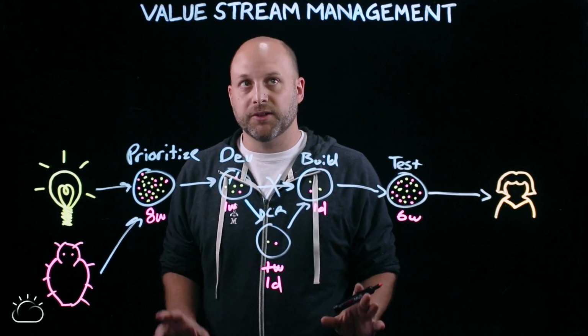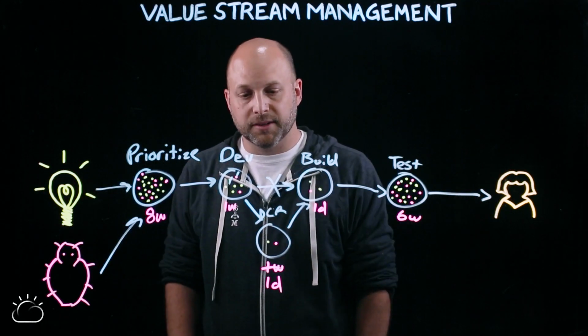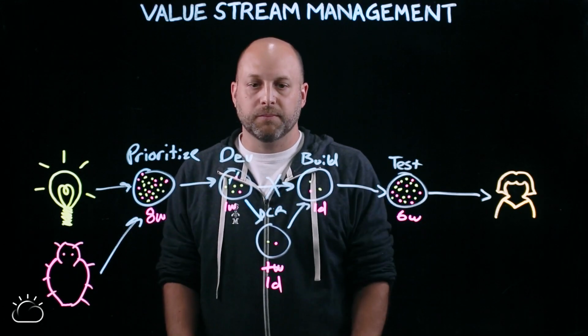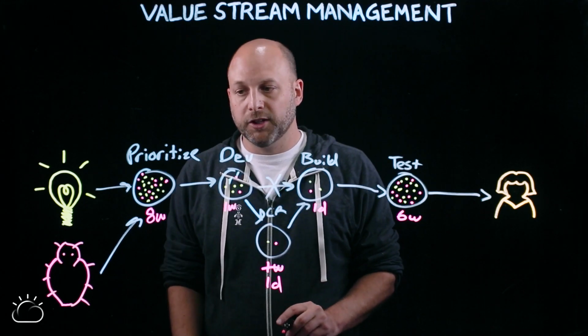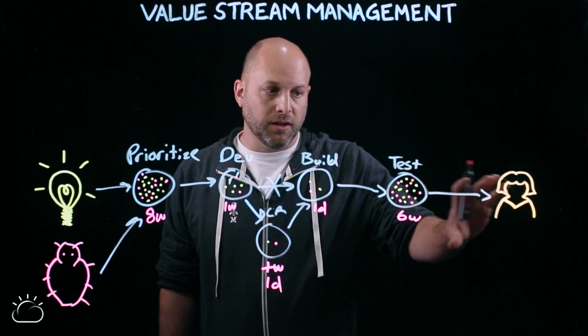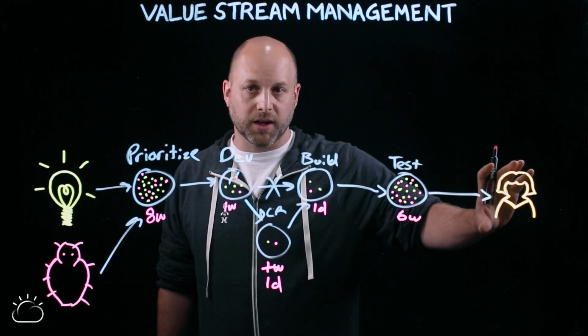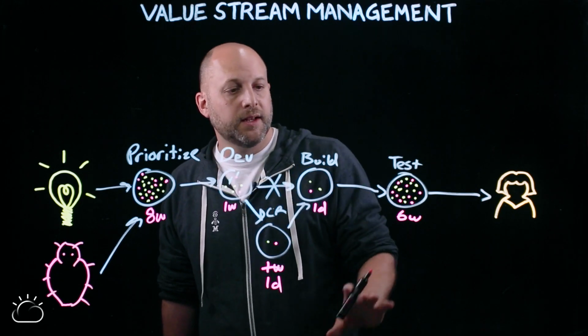This is the idea of value stream management, that we want to look at this as holistically as possible, understand our flow so that we can improve. We're going to do some key metrics here. We're going to be looking at the overall throughput, the volume of change that's going out the door. Ideally, we understand the value of that.